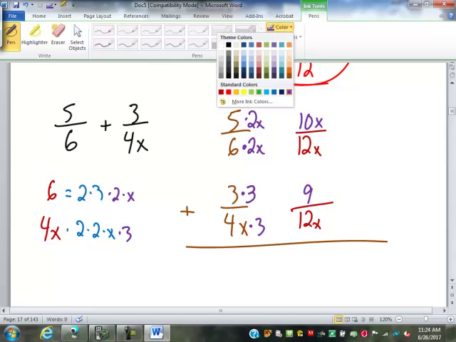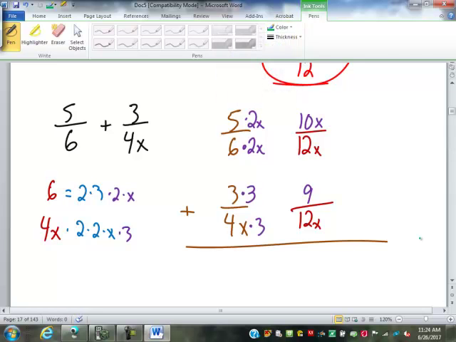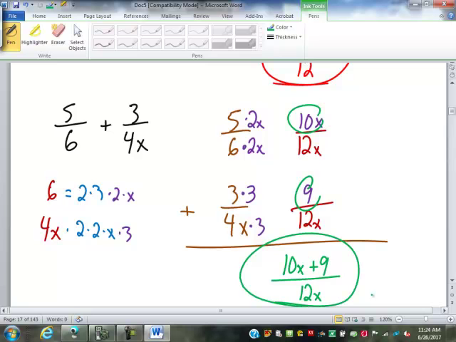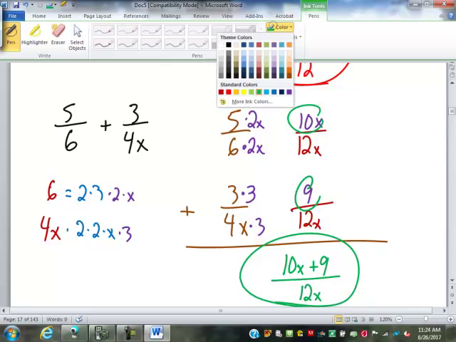Perfect. So when we add those, we get 10x plus 9, all over 12x. Cannot reduce that any further.